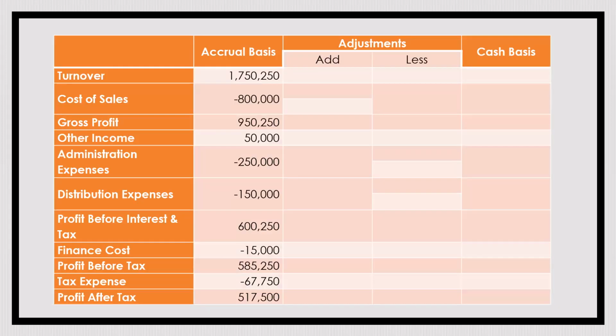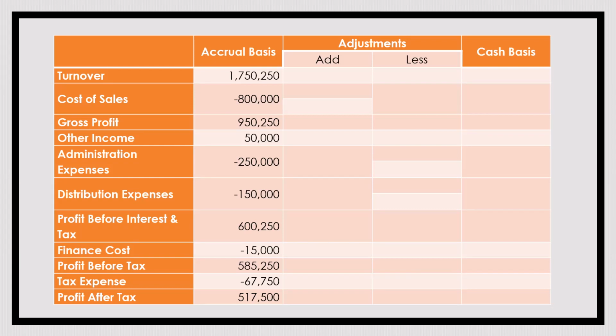So the next one is the accrual basis income statement and how we are going to convert it into the cash basis income statement. So we know that the income statement is mainly prepared on the accrual basis. Why are we going to prepare it on the accrual basis?